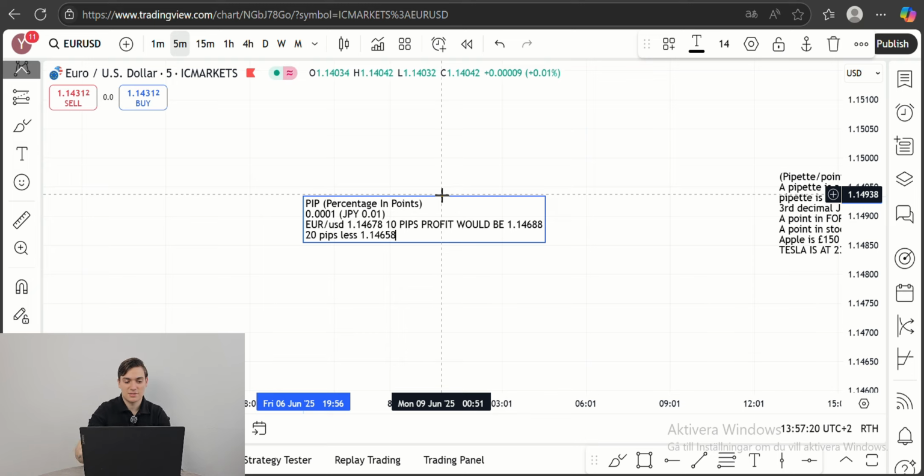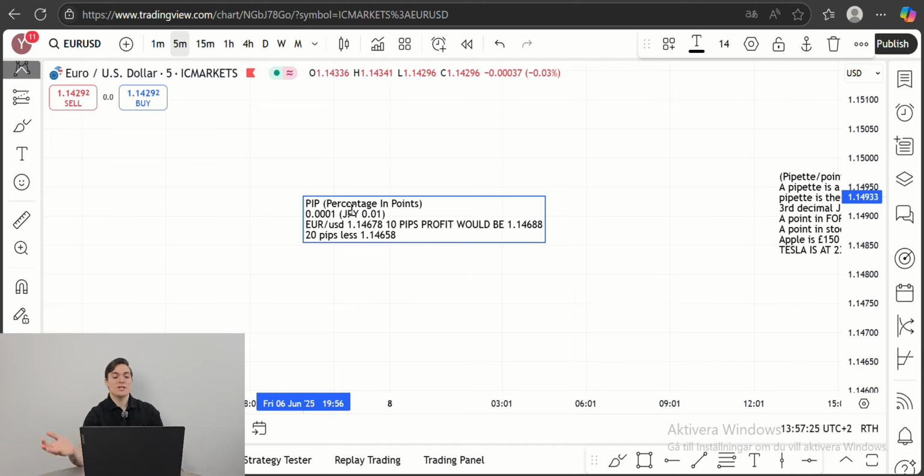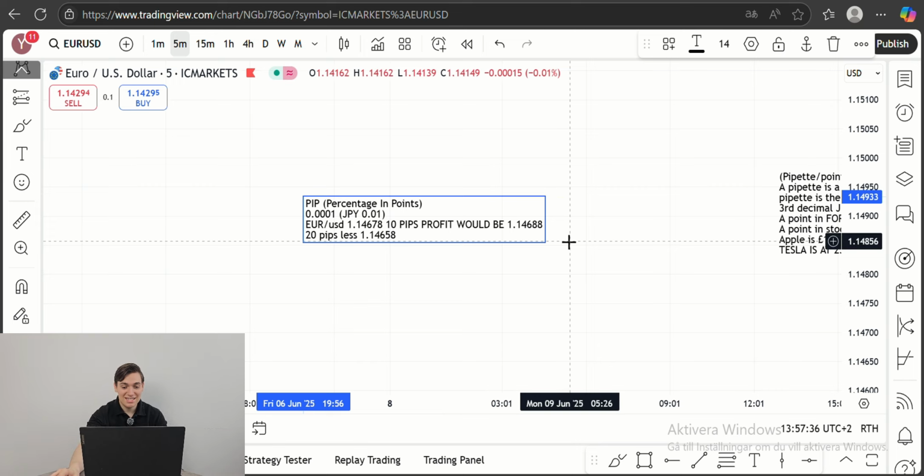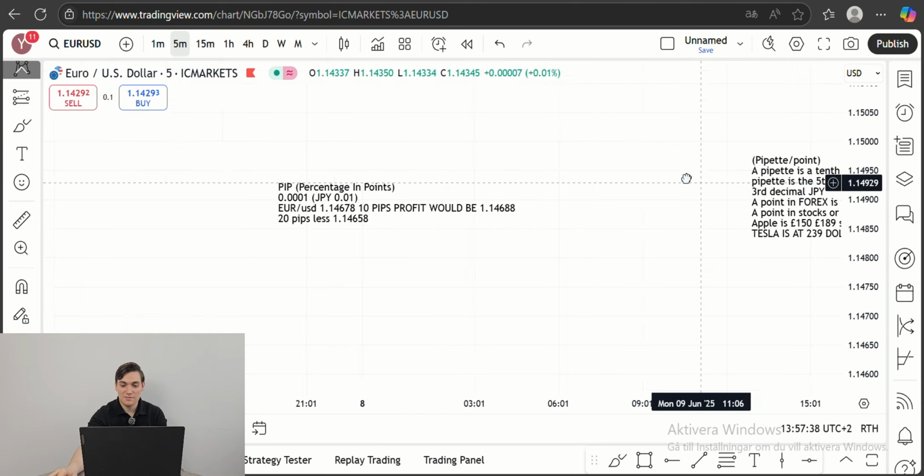You lost 20 pips. Okay? And it is always, like I said, in the Japanese yen it's a little different. It's the second decimal. That's just because the price is just like that. Okay? Easy. And that's the only thing you need to know about pips.